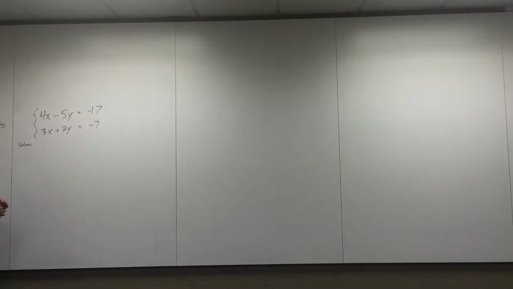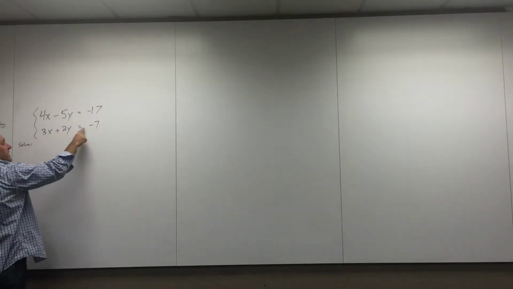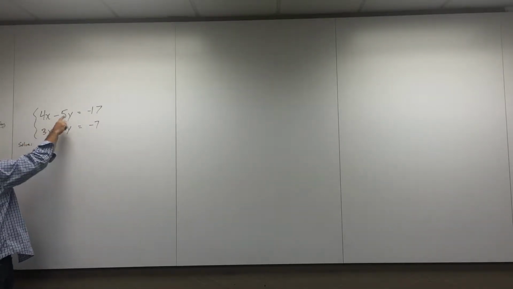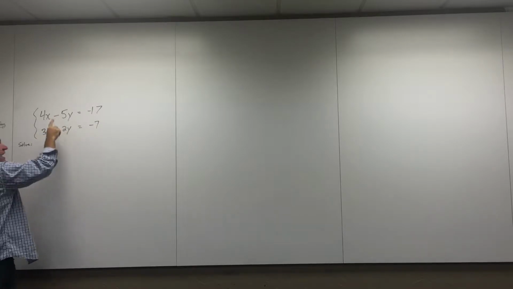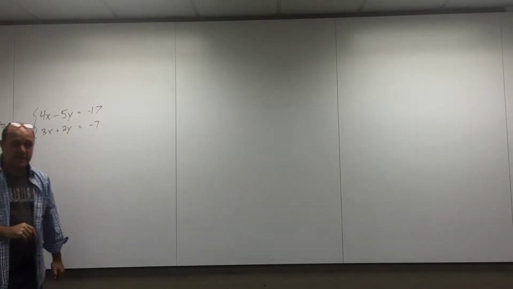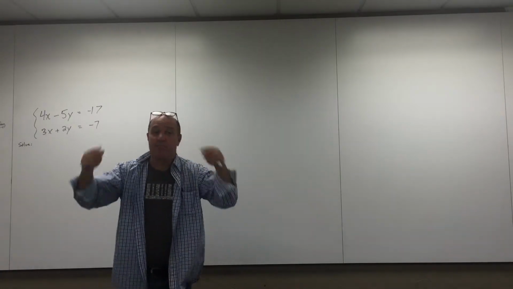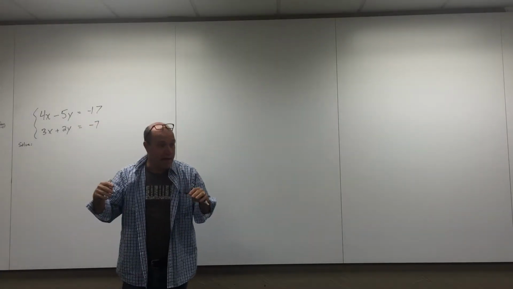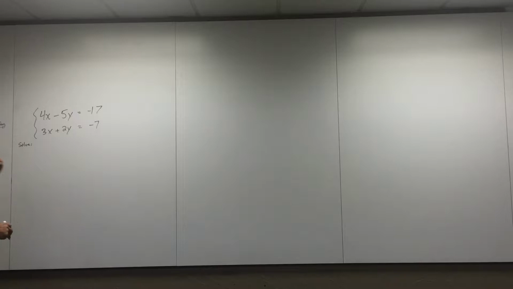The truth is, I can't multiply this by anything that'll get it to match this, or not anything nice. I didn't even show you this last class, but you can actually multiply both equations by something. Maybe I'd like this to be a negative 10 and this to be a positive 10.